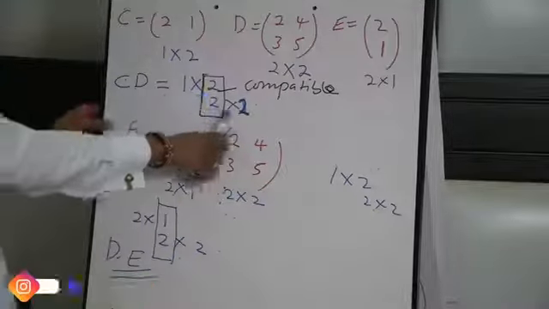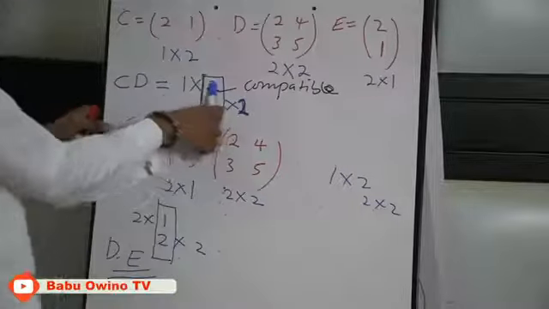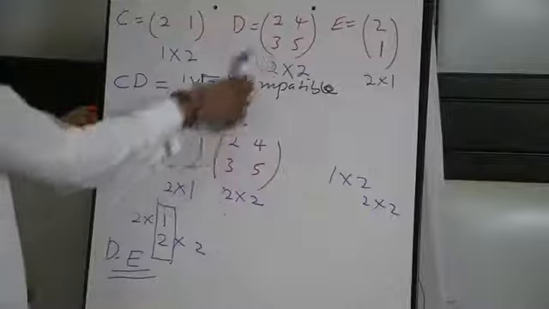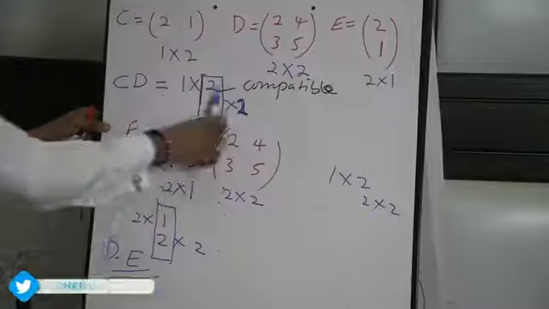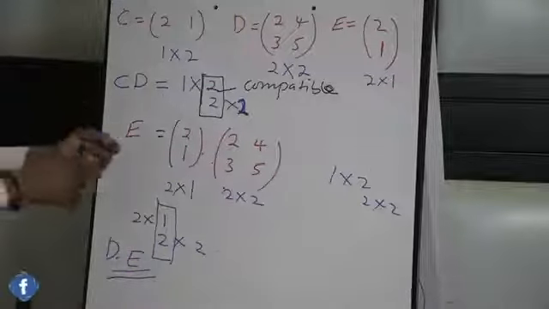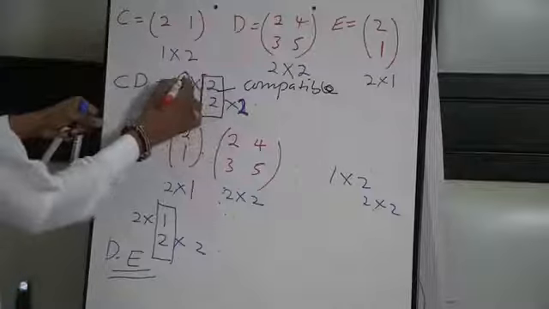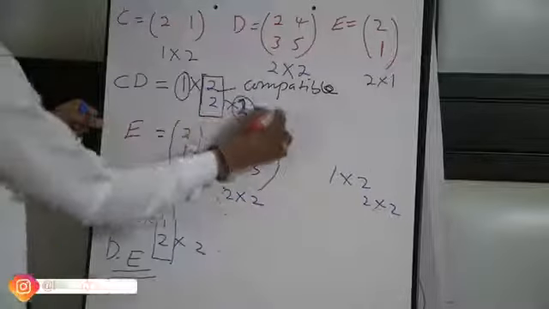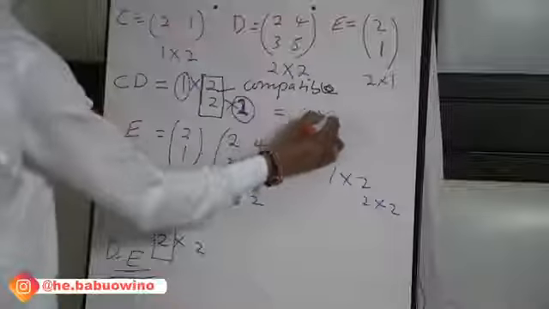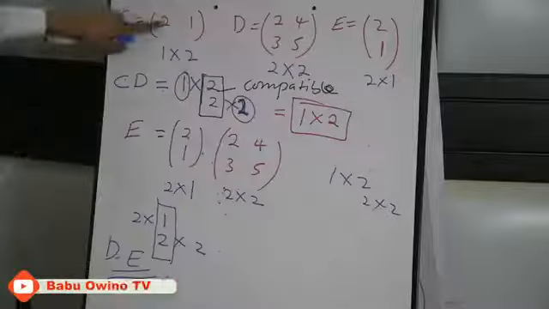When you multiply these two, the columns in the first matrix equal the rows in the second matrix. Therefore, we say they are compatible. And when they are compatible, you can multiply them. And when you multiply them, the resultant answer becomes what remains, a 1 by 2 matrix.